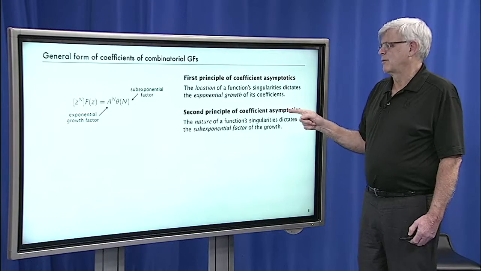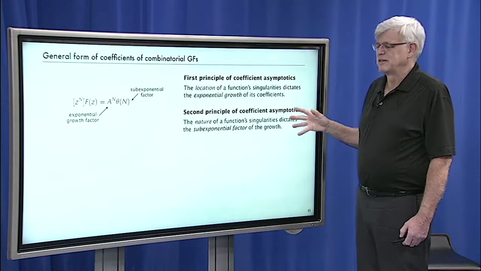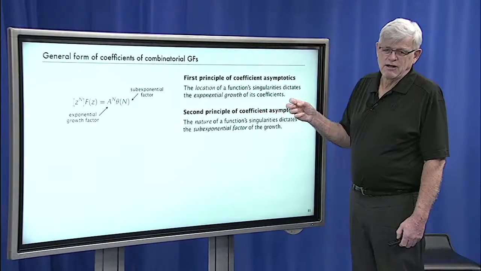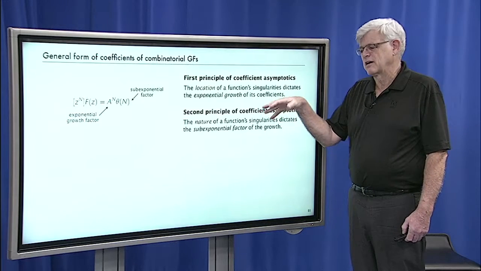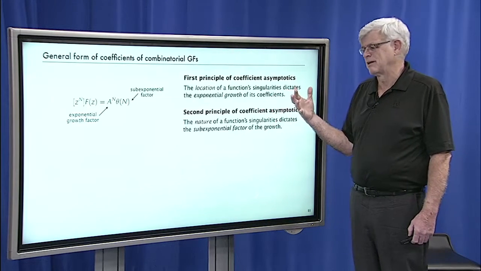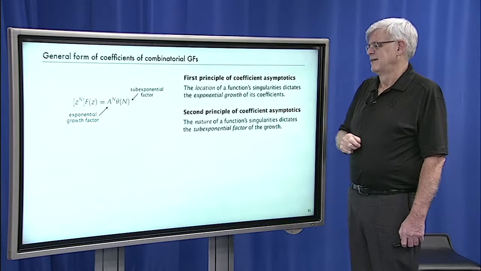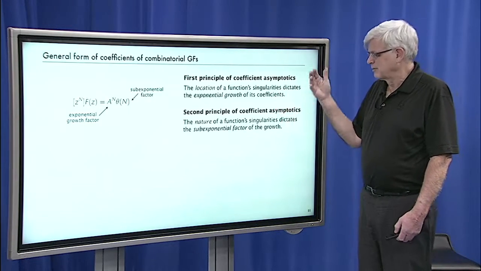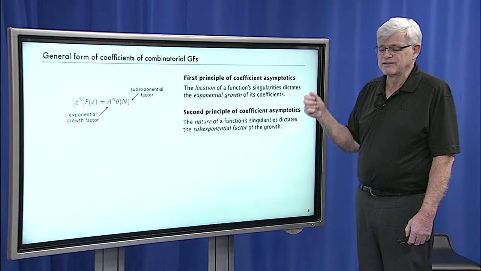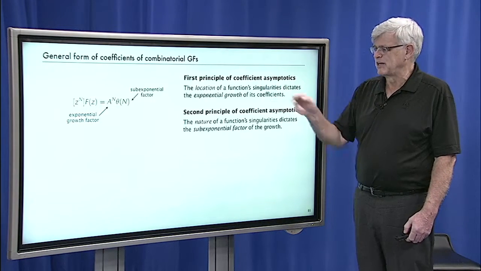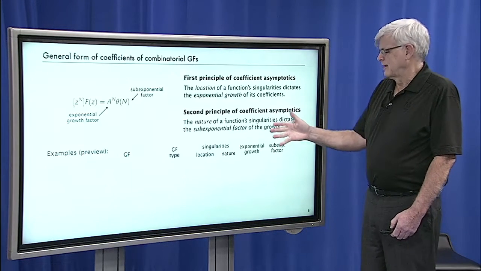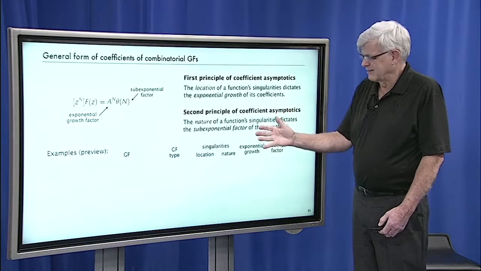The second principle is that the nature of the singularities dictates what the sub-exponential factor looks like. There are different kinds of singularities in the complex plane, and we'll talk about that in some detail. Not too many different kinds, but a few, and whichever one it is dictates what the sub-exponential factor looks like.